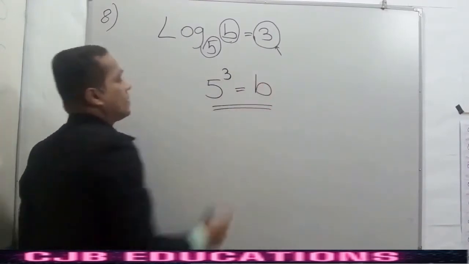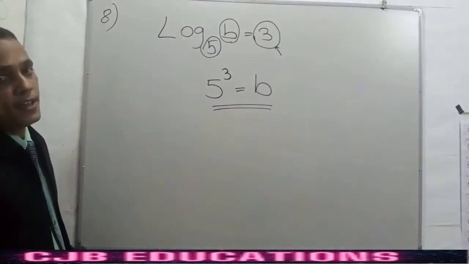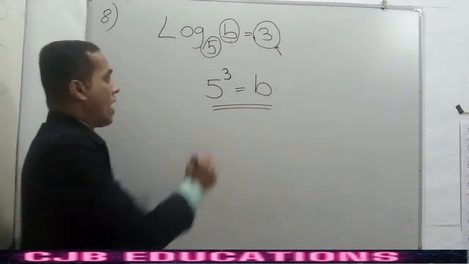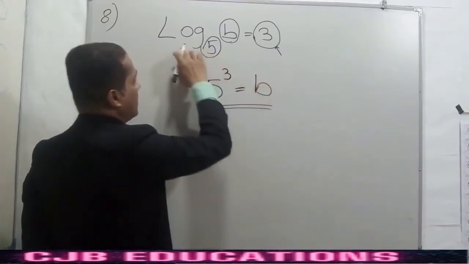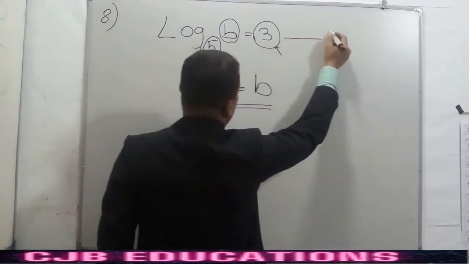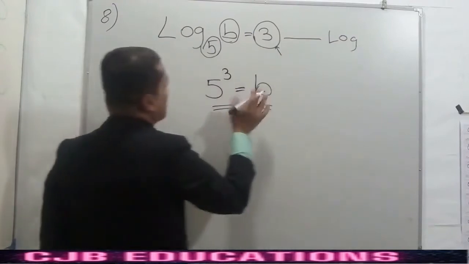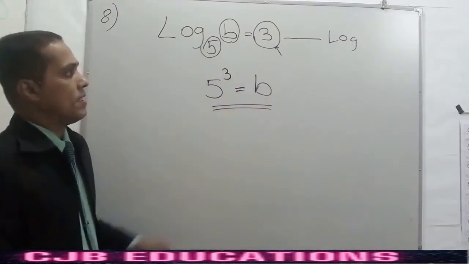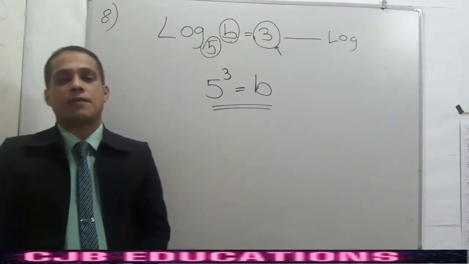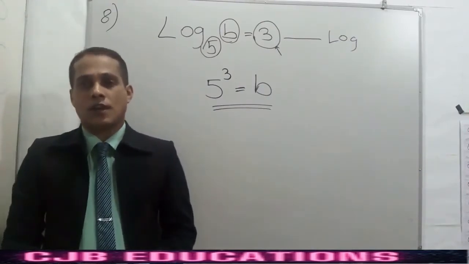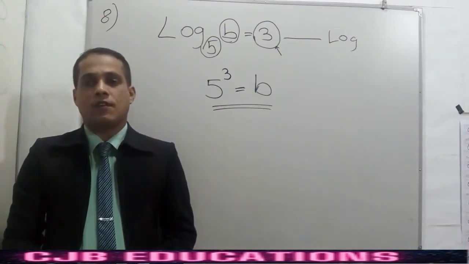This is the way to write in index form: 5 to the power of 3 equal to b. This is the log notation. This is the index form. This is the answer. Okay, we can move to the 9th question. We will see what the question is.